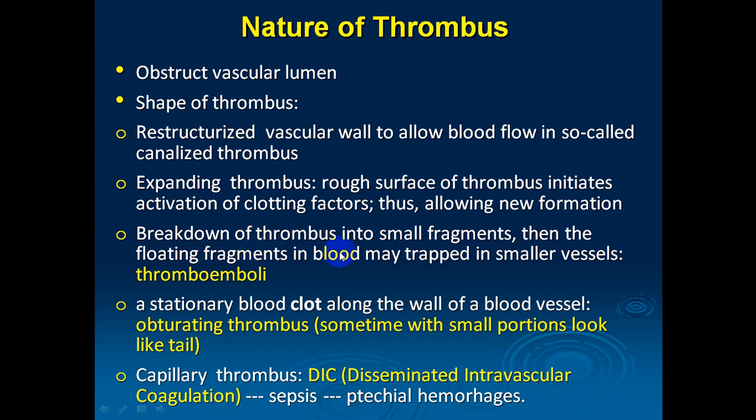And then the thrombus can break down into small fragments. Small fragments of thrombus, we call thromboemboli. This is quite harmful because those small thromboemboli can be trapped in small blood vessels, causing ischemia and further infarct.